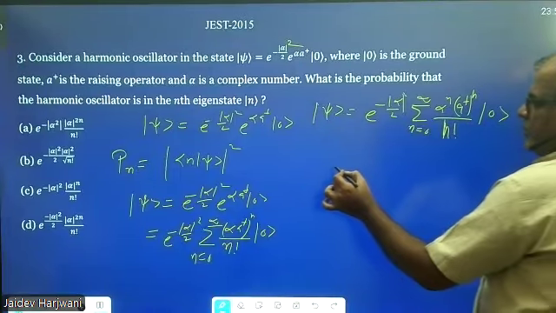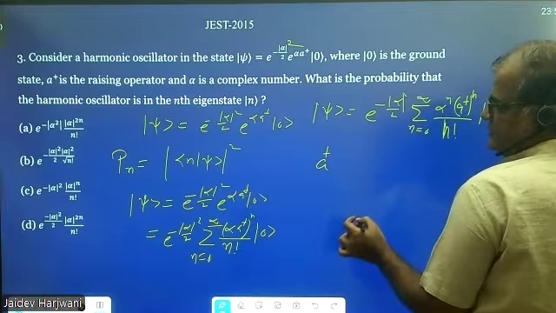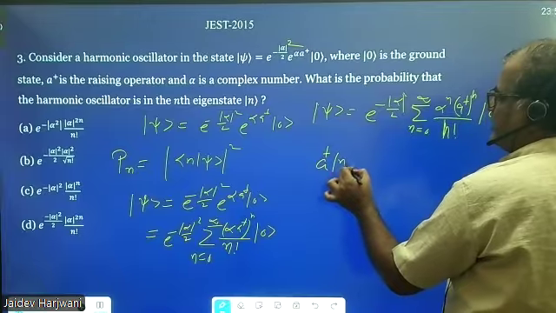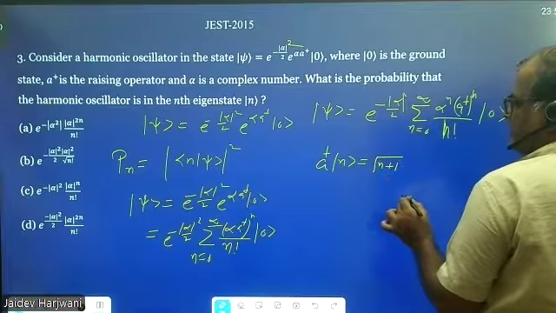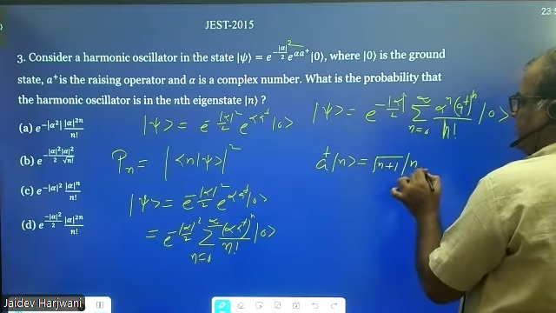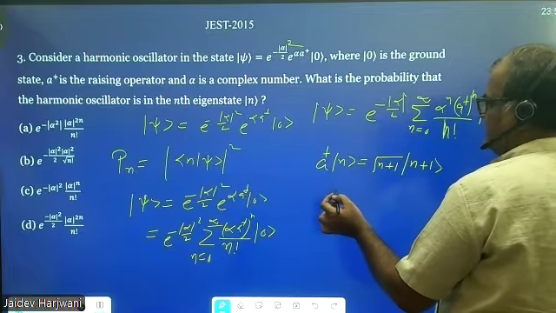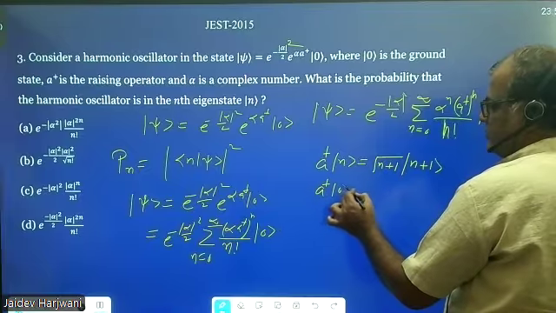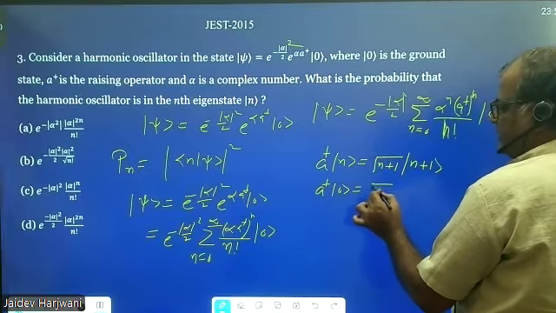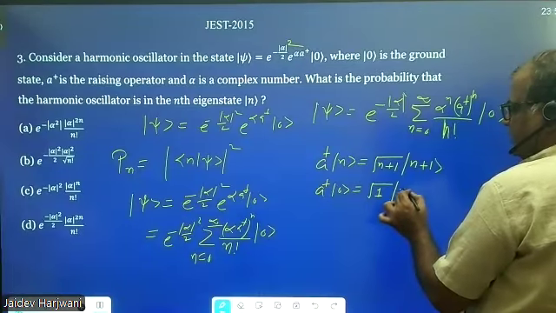Now, when you operate a† on any state n, you get root (n plus 1) times the state n plus 1. If I operate a† on |0>, I get root 1 times the state 1.